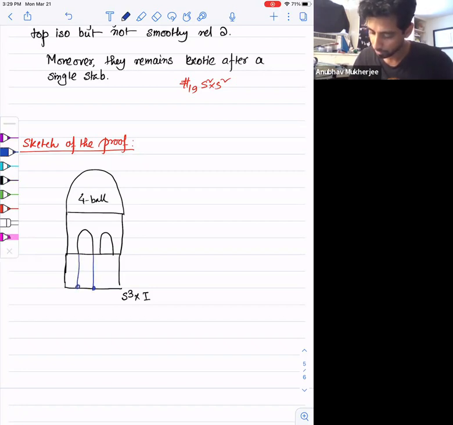Okay, so the first observation is that the attaching spheres of this pair of two-handles are the link L. For us, the link L is nothing but, let's say we just use 22 two-handles, the 22 attaching spheres.